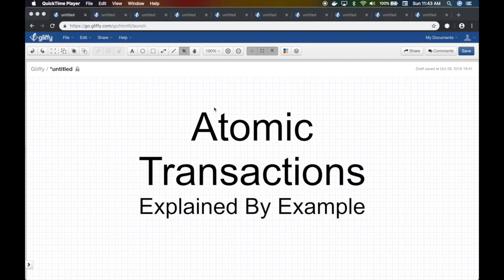Let's start with a quick definition of atomicity or an atomic transaction. This is very critical in DBMSs, or relational databases, where you have a certain set of transactions and you want all of them to be executed together, or none of them to be executed.